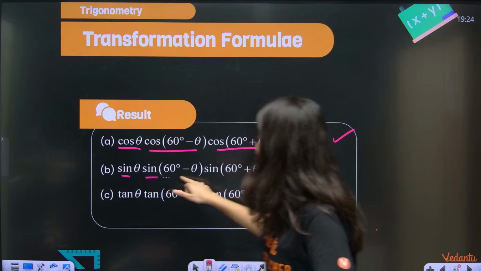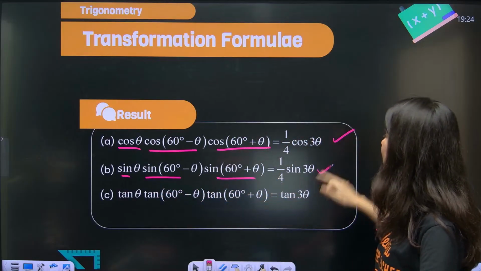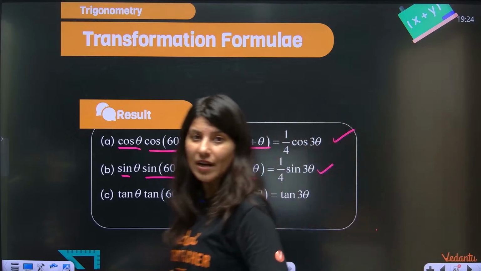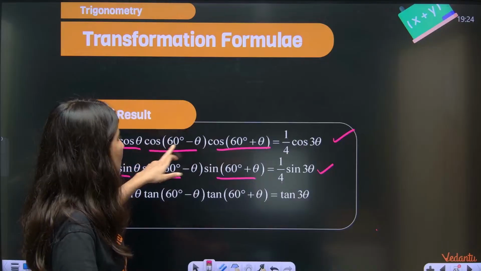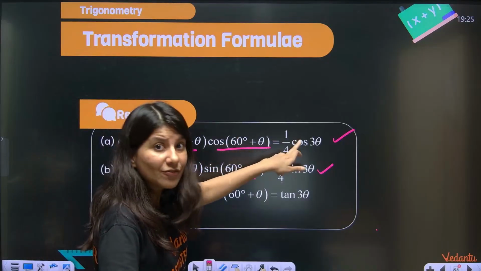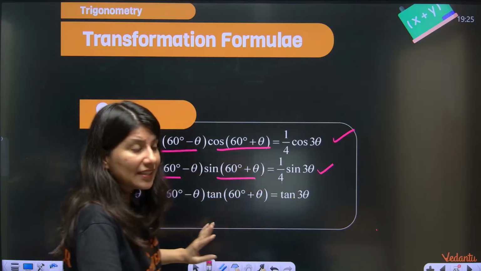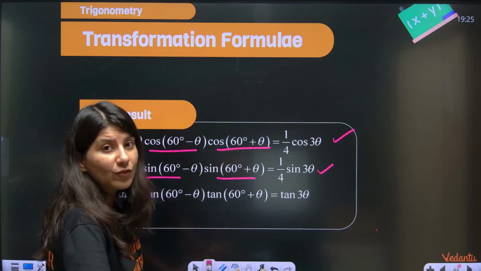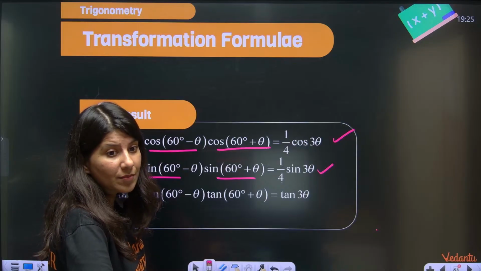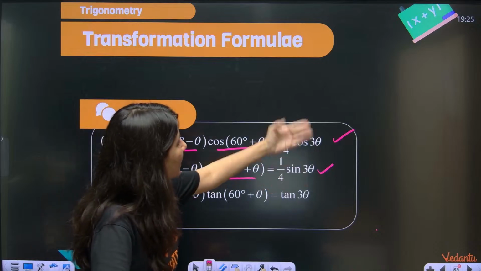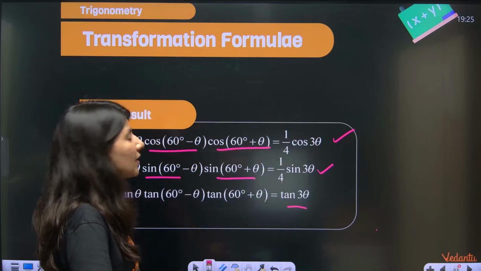Sin theta, sin 60 minus theta, sin 60 plus theta is 1 by 4 sin 3 theta. Now, in tan, there is no 1 by 4. Why is there no 1 by 4? Because if you divide these two equations, 1 by 4 cancels, and sin 3 theta by cos 3 theta becomes tan 3 theta.